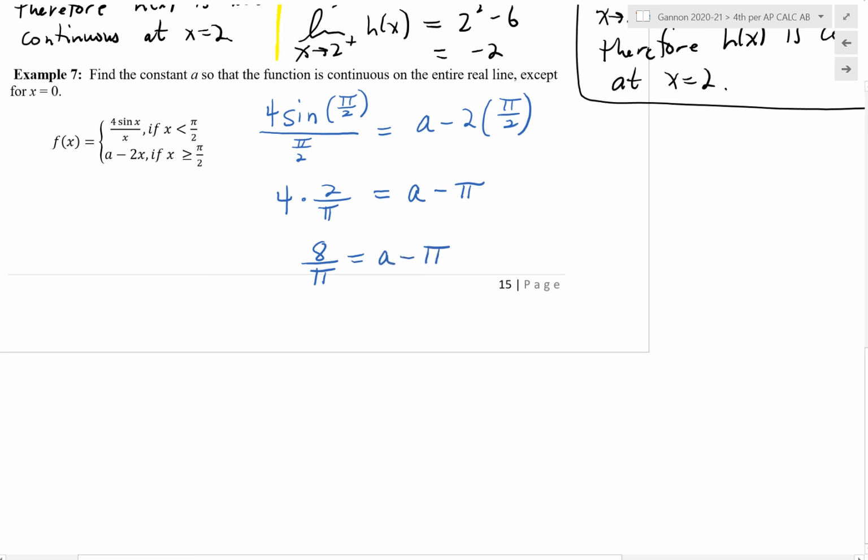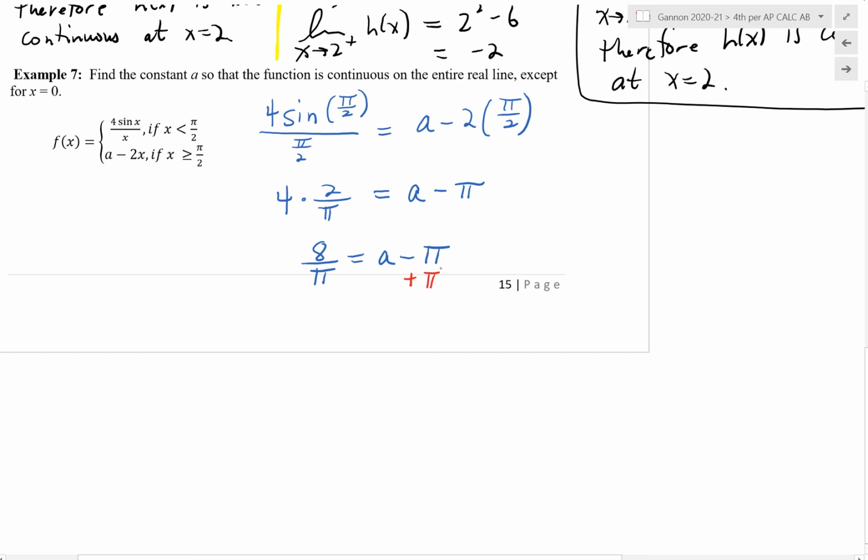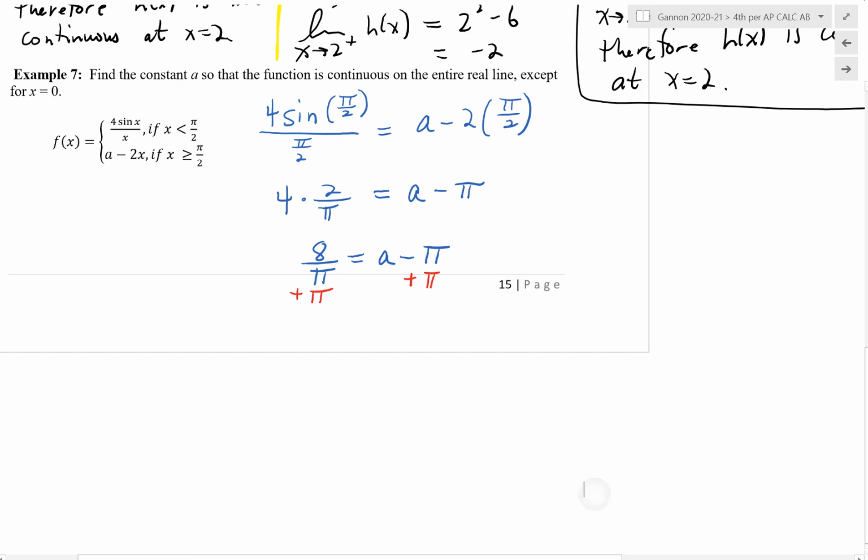Now to isolate a, which is what we're looking for, we can add pi to both sides and come up with an answer of pi plus 8 over pi equals a. Another way potentially to write that answer would be to get a common denominator of pi.